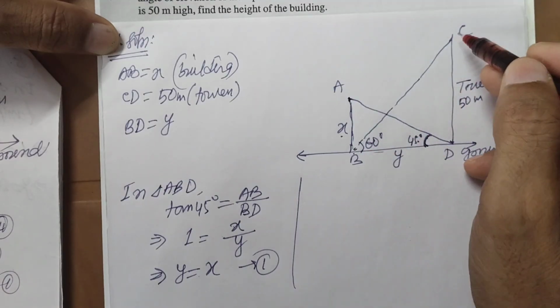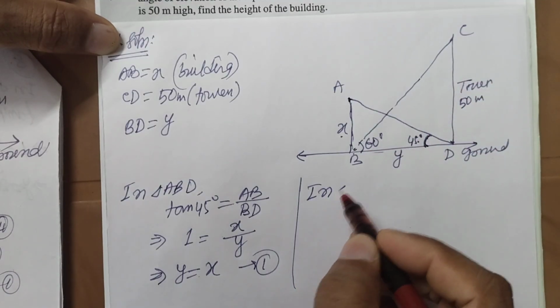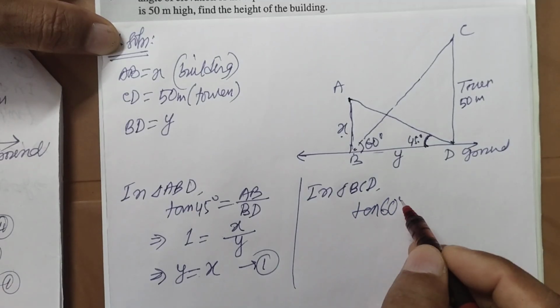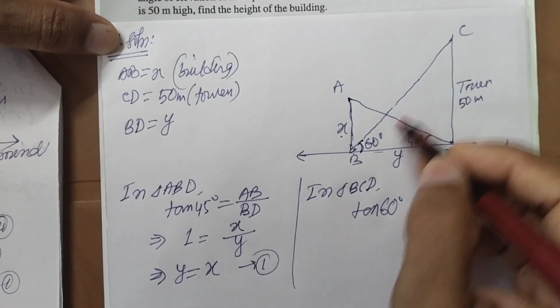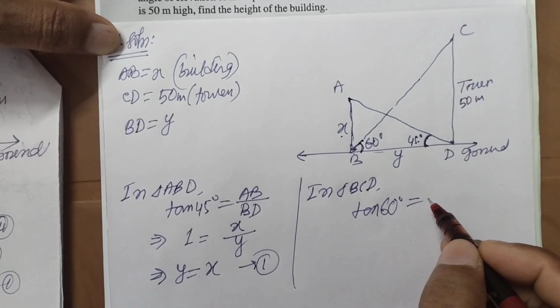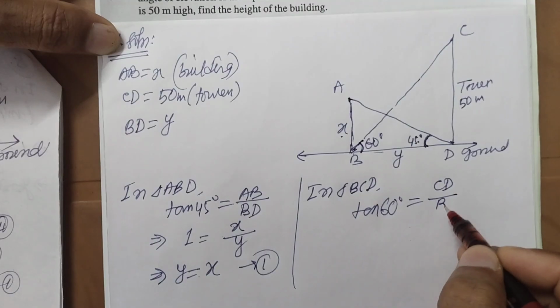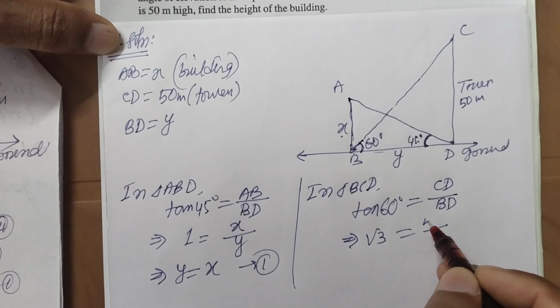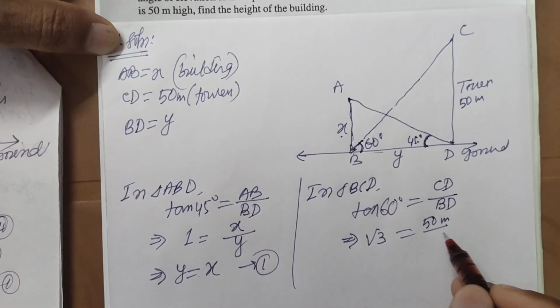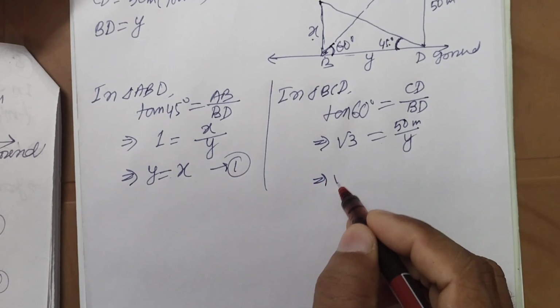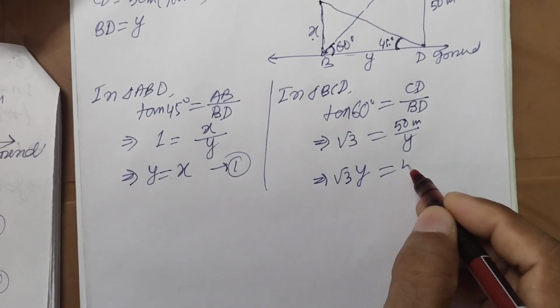Another triangle, BCD. In triangle BCD, tan theta at 60 degree, opposite to theta is CD, so tan is CD by BD. Tan 60 value is root 3, CD is given 50 meter, BD we have marked Y. Now we will solve it. Root 3 Y is equal to 50.